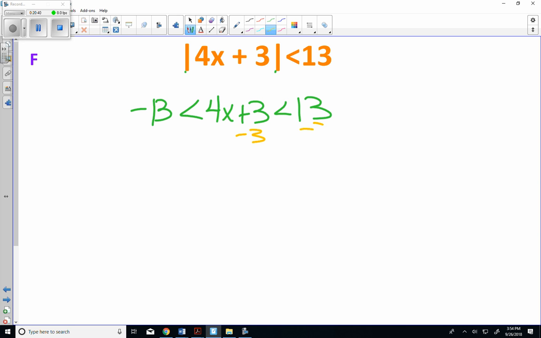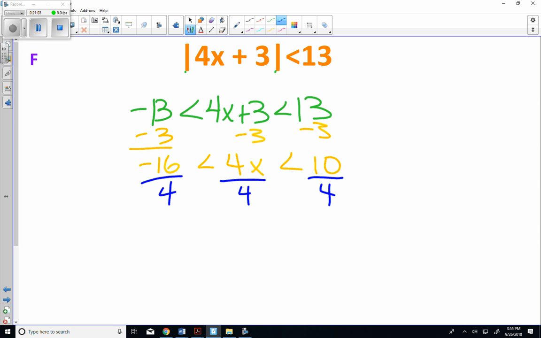So now we subtract 3. And at this point, that is a negative 16 less than 4x less than 10. And now we have to divide by 4, which leaves us with a negative 4 is less than x, which is less than 5 over 2.